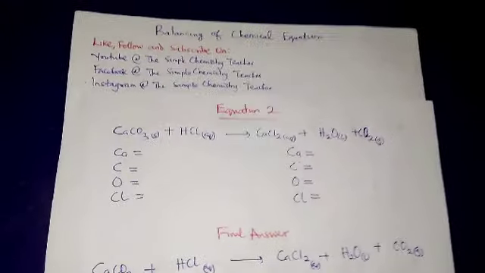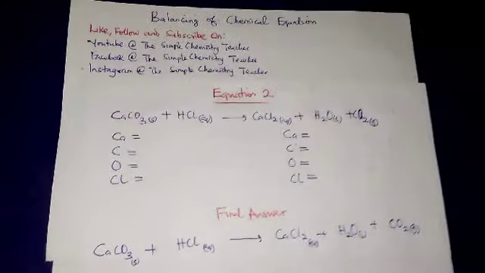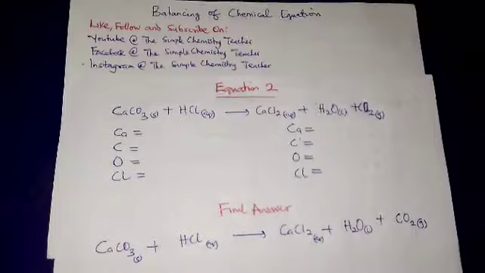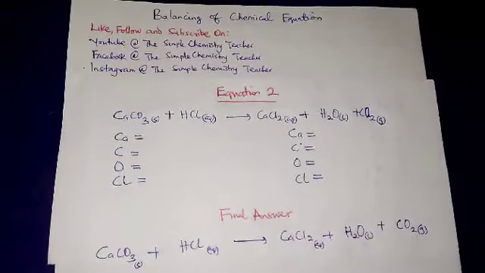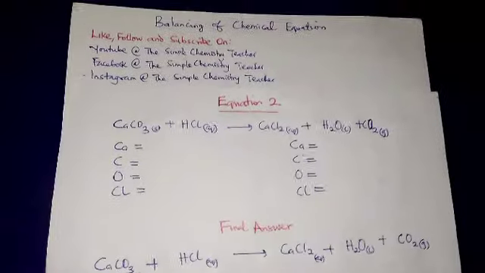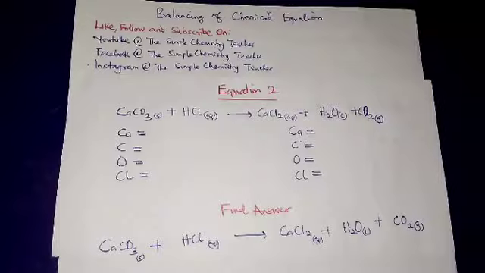Remember, we are not joking here because chemical equations are very important. If you must get the accurate results that you desire from your reaction, you need to work with a balanced chemical equation.